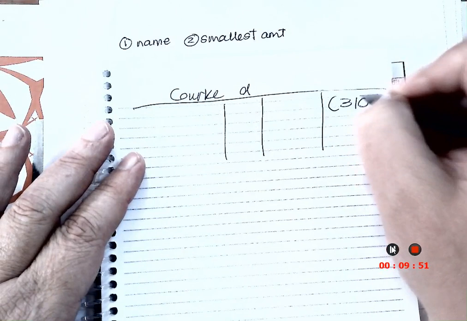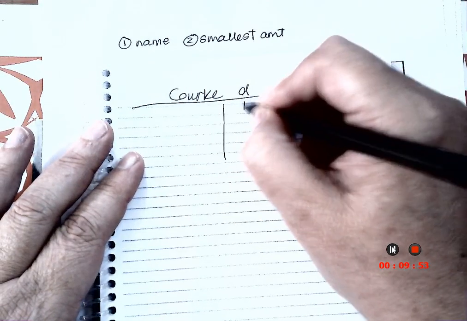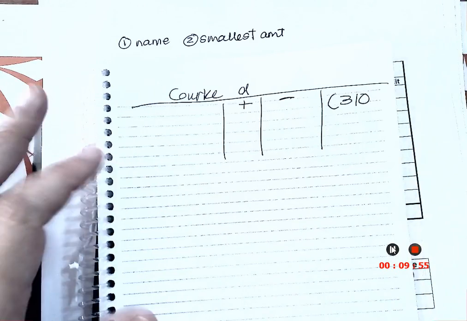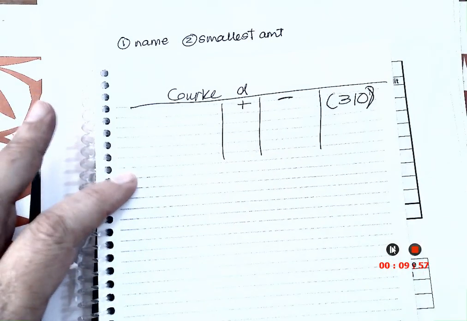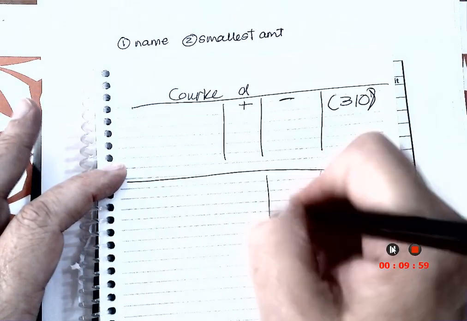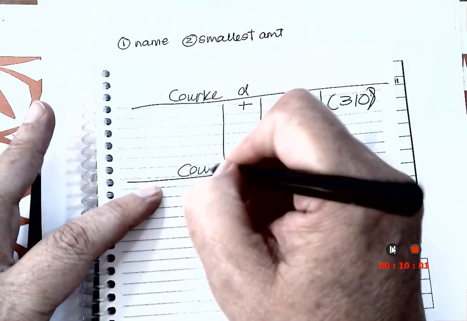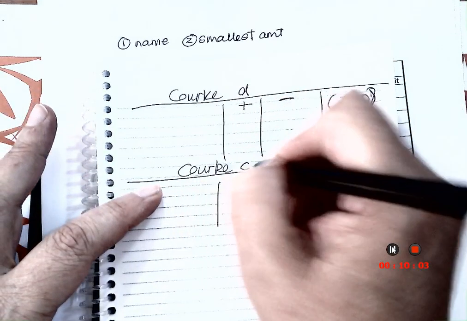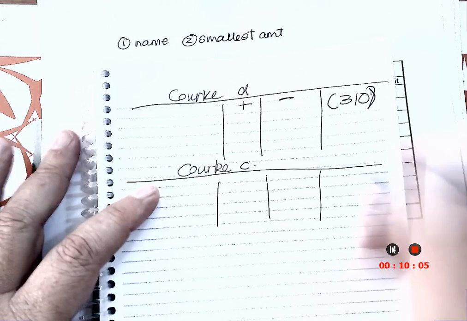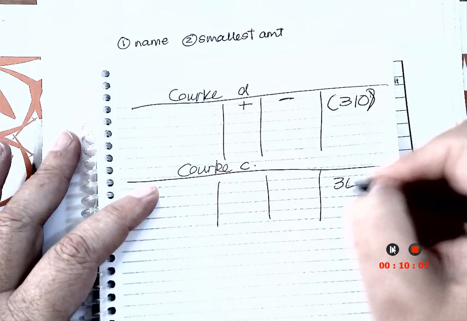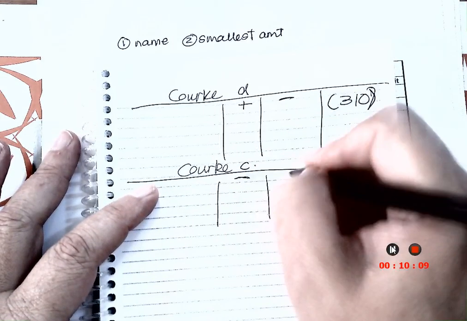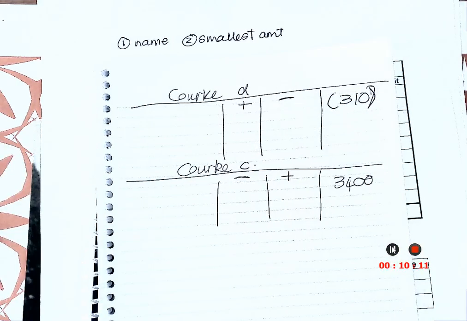Can you see? Negative 310. And Corp, the creditor, is positive 3,004. Now, which amount is the smallest?